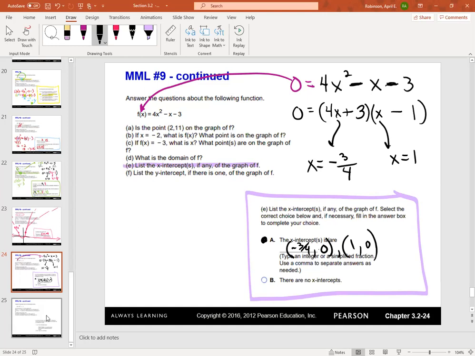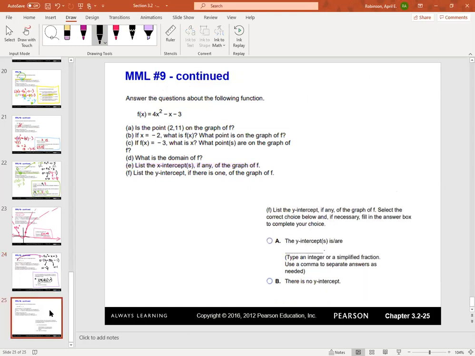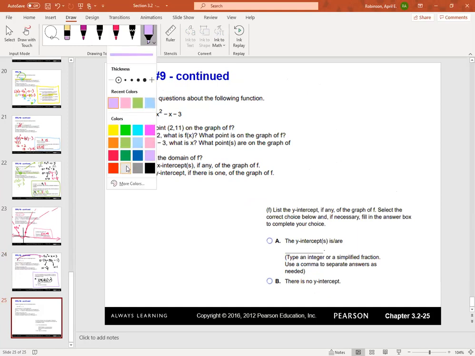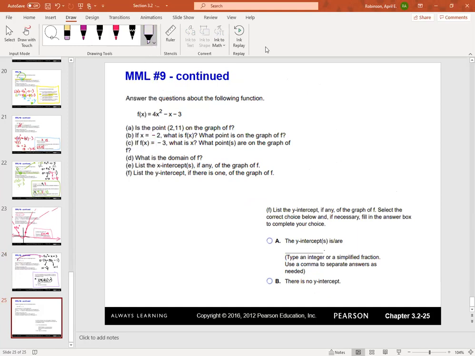And then the last question, F, is list the y-intercept. The y-intercept, I don't remember what color I've used. I'll just go with this light color. The y-intercept is when x is 0 and then it's somewhere on the y-axis.